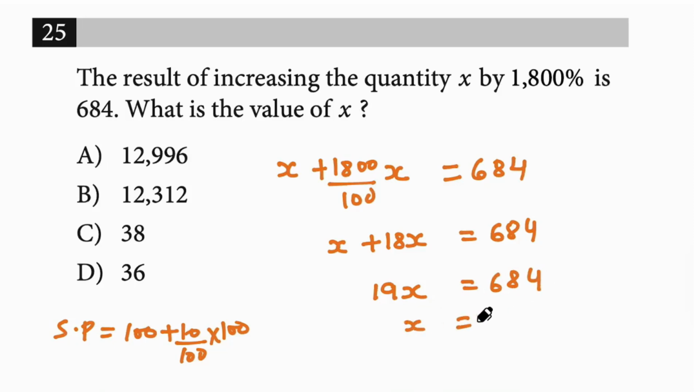Dividing by 19 on both sides, it's 36. So 36 is the right option. So whenever you see questions of percentage, either profit or loss, or increasing or decreasing, first try to check what is asked, right? If the question is including that value, do this one.